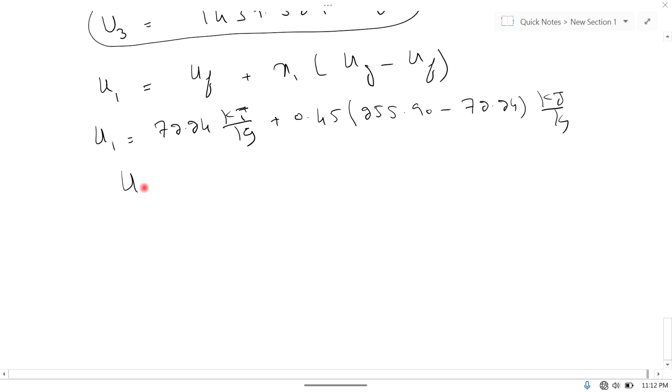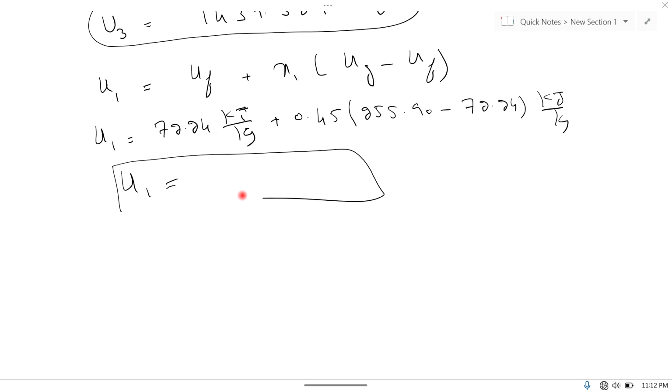Simplifying this, the value of U1 is 154.887 kilojoule per kg.